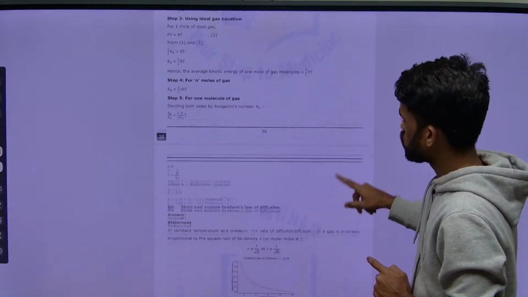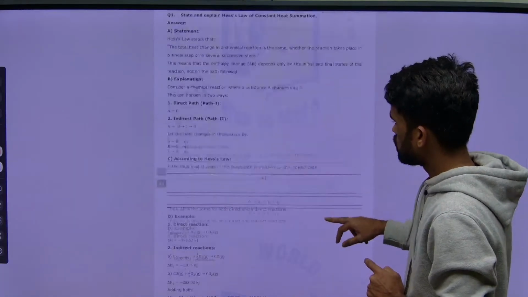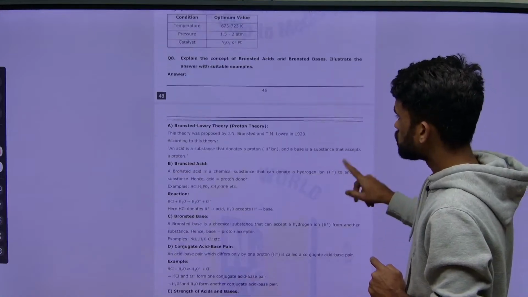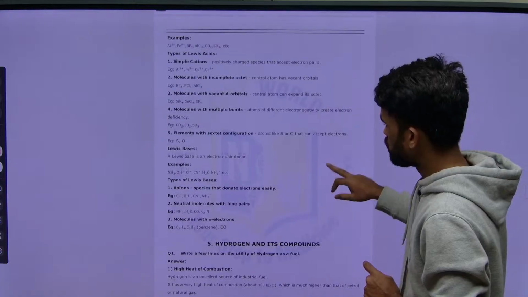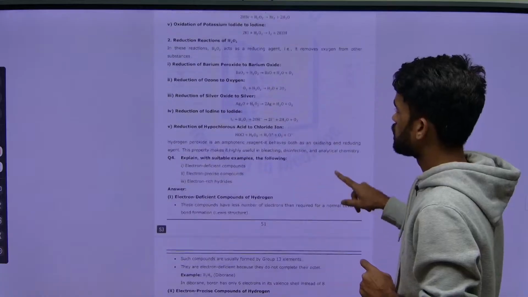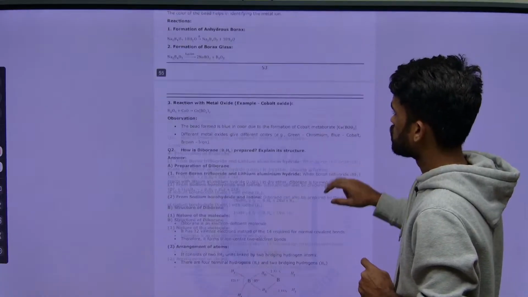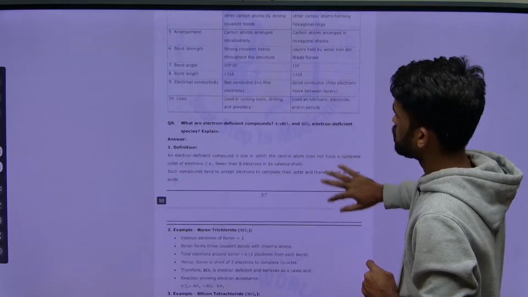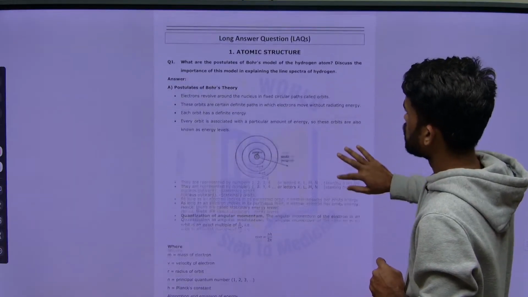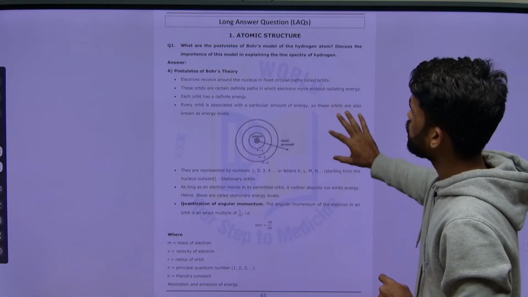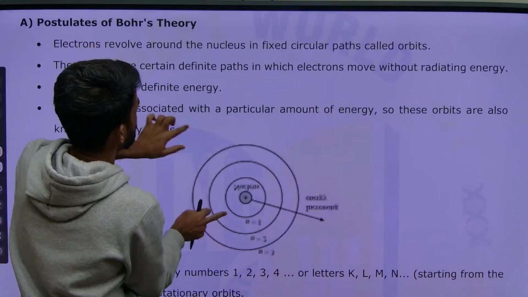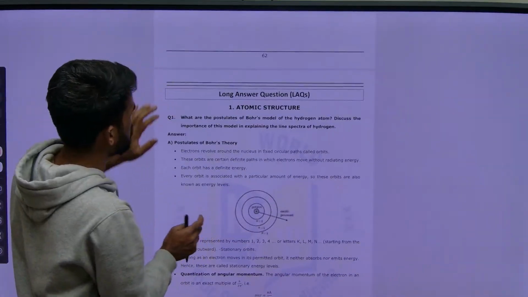Now let me show you this first. In the long answers we have finished this discussion, like the postulates of Bohr's atomic model, in the last session.